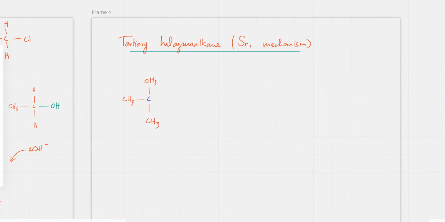And you've got a Cl. Now over here, it's a lot more feasible that the Cl is going to be leaving on its own. The reason being that the positive charge on this carbon atom is not really strong.